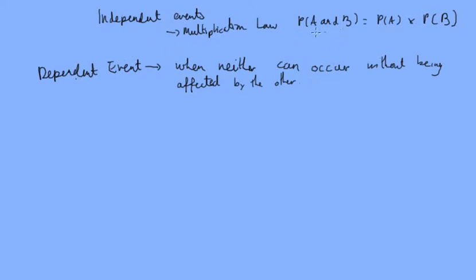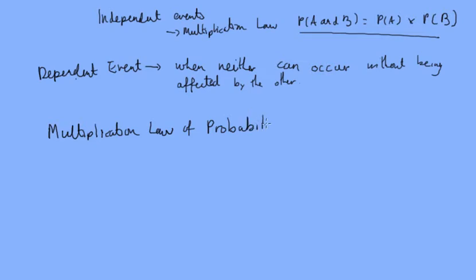So the probability law for what we find is that this multiplication law here is a special case of the multiplication law for probability in general. So the general multiplication law is used to find the probability that this and that occurs when the events involved might not be independent.